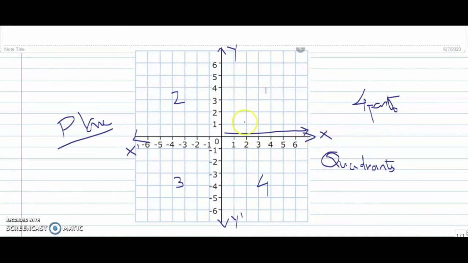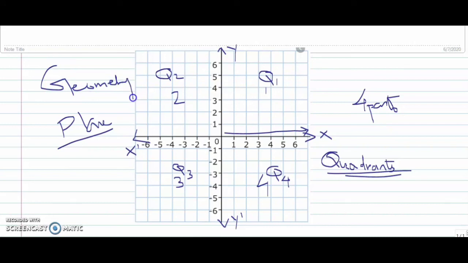Quadrants are the four parts of a plane when the plane is divided with x-axis and y-axis, denoted by Q1, Q2, Q3 and Q4. Make sure you are naming it in anti-clockwise direction, opposite to the clockwise direction.